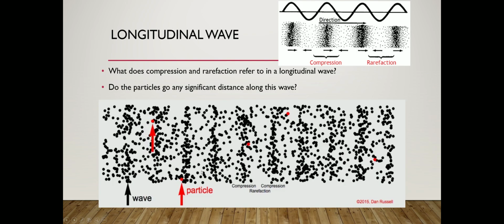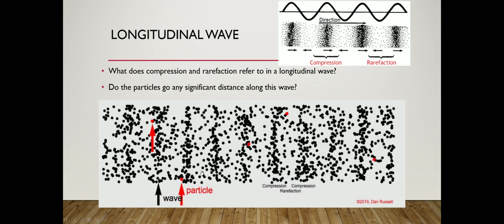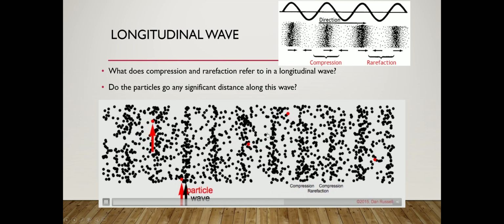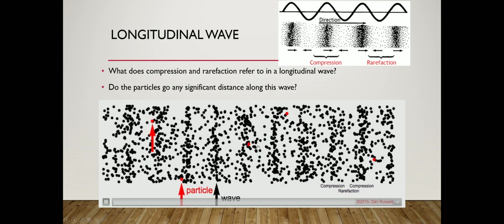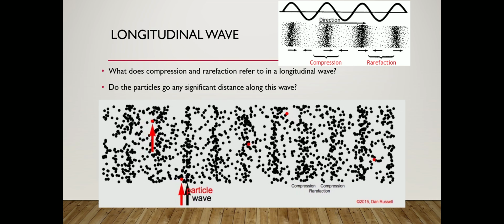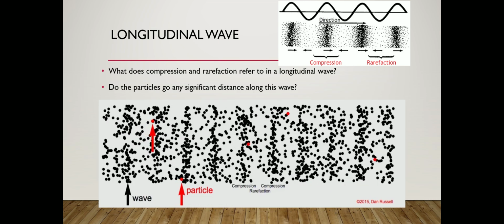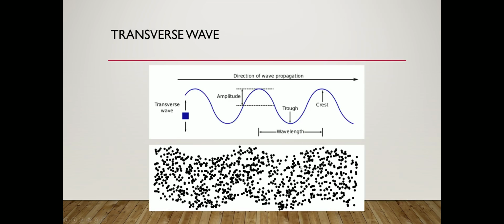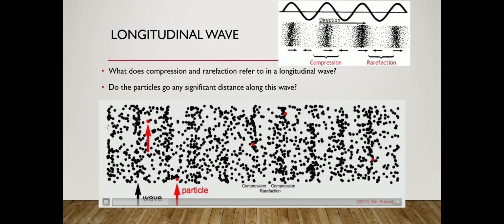But in longitudinal waves, the particles don't move up and down. They just move left to right, left to right. That is the one big difference: transverse waves go up and down while longitudinal waves go left and right.